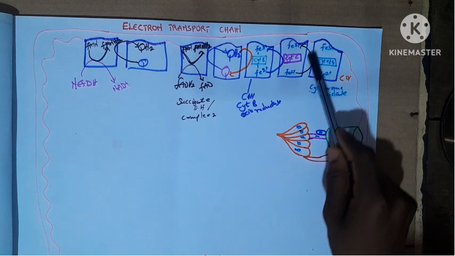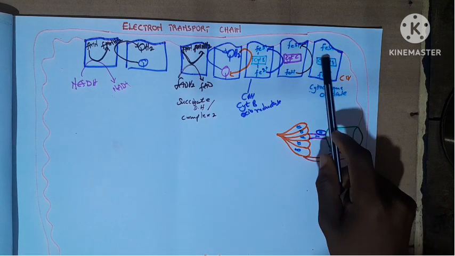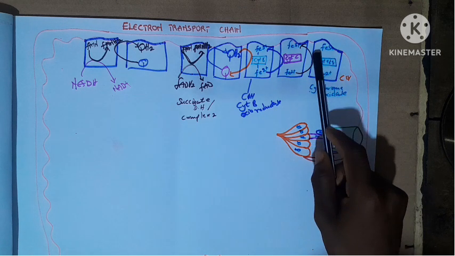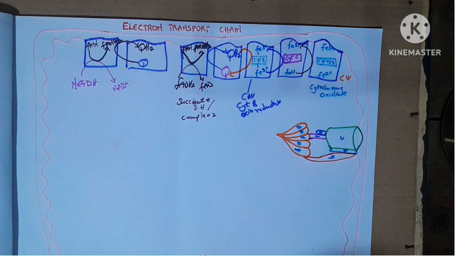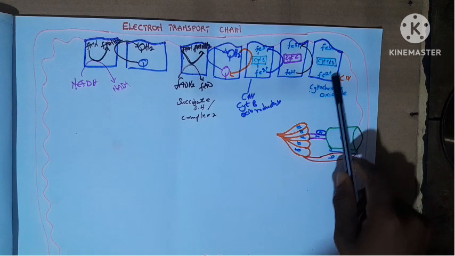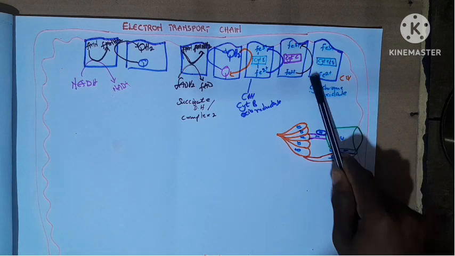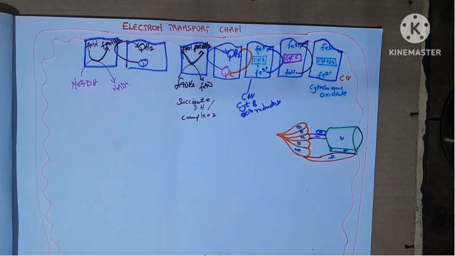The iron 3 in cytochrome A and A3 will gain those electrons and then get converted to iron 2.